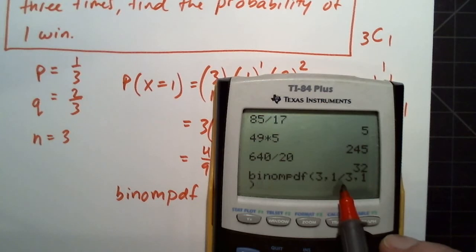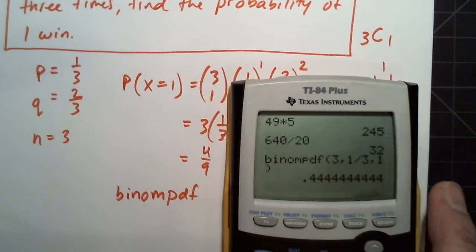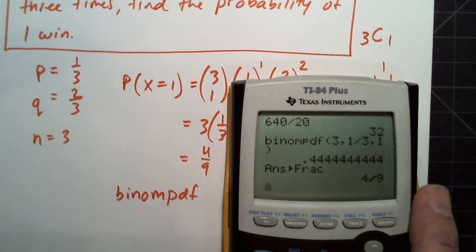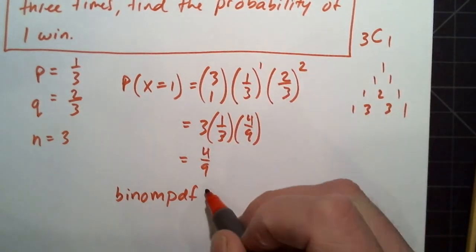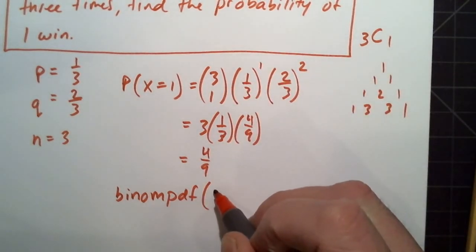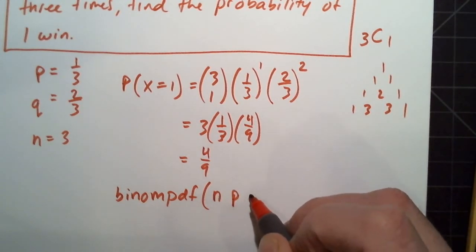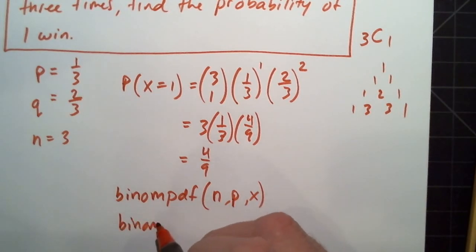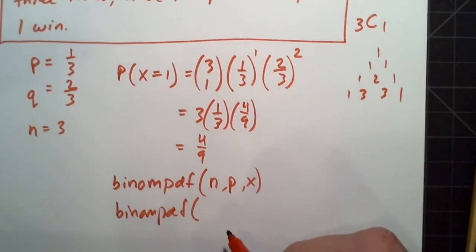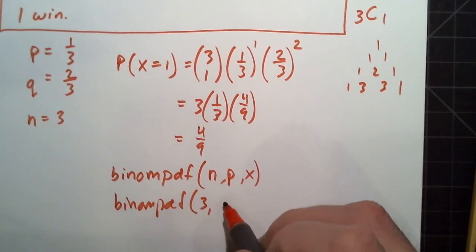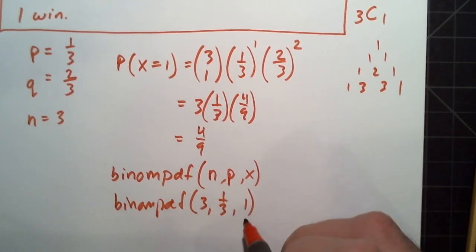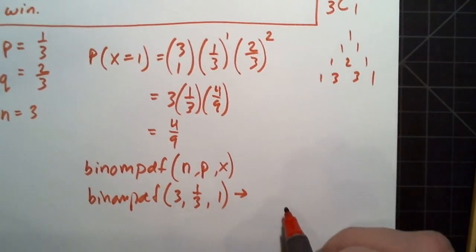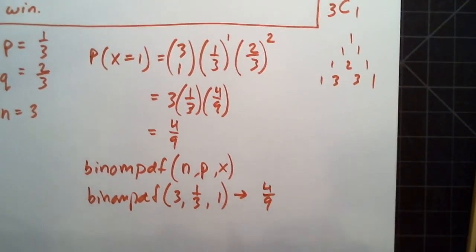Number of trials, probability of success, and the number of successes, and we get 4/9.